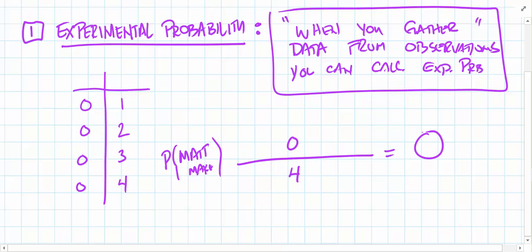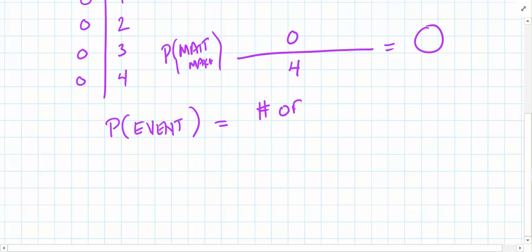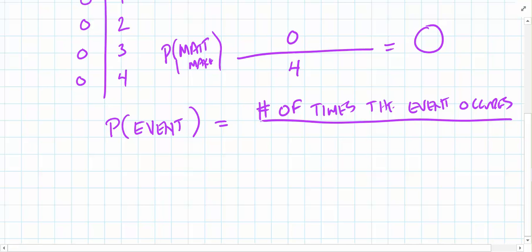Okay, so let's write down what we did. The probability of an event happening for experimental probability can be calculated by the number of times the event occurs, divided by, what did the 4 represent?